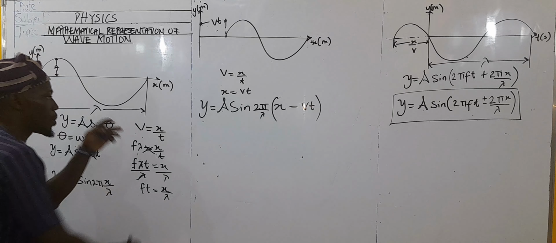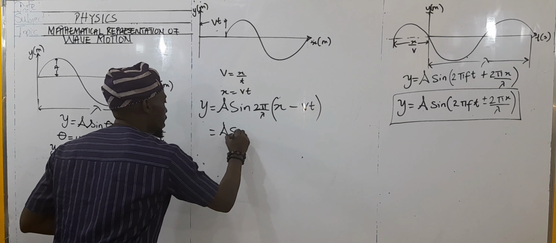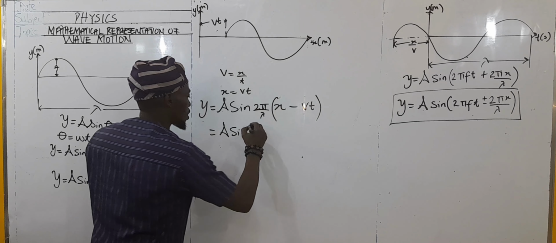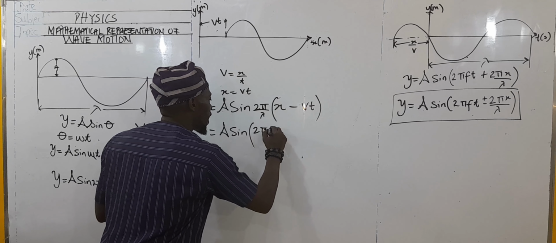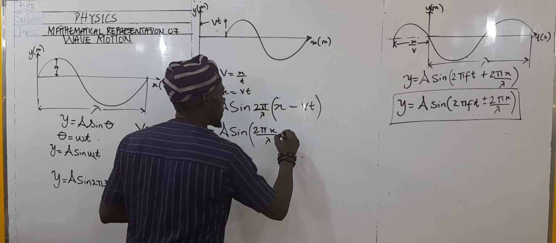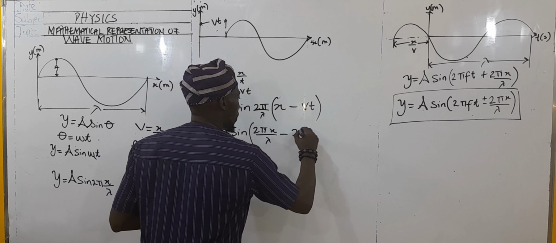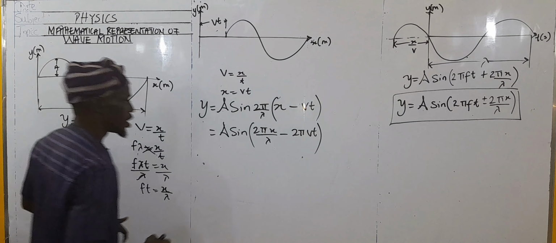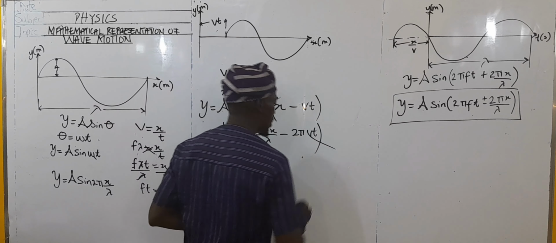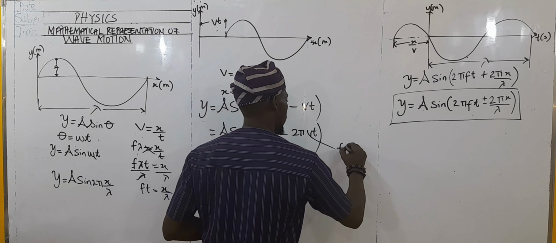Alright? So let me open the bracket. So our A sine, let me just put this into the bracket. Our 2 pi x over lambda minus 2 pi vt over lambda. Now we know that v is f lambda, right?